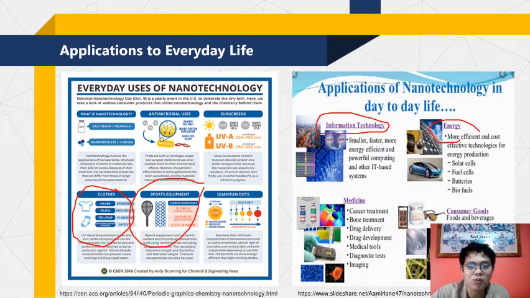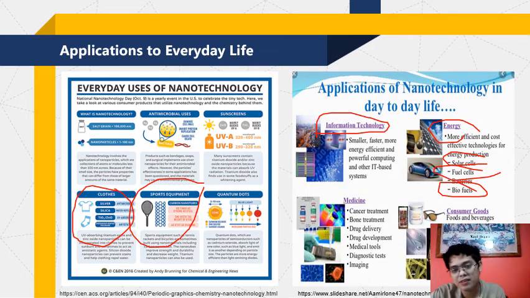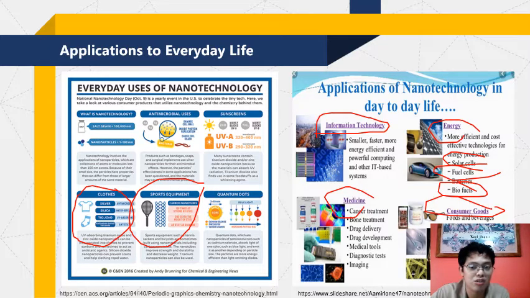On energy as well, the solar cells, the fuel cells, the batteries, and the biofuels that your cars or transportation utilize, some of these engines or vehicles are utilizing nanomaterials, in the field of medicine and even in the consumer goods that you consume.